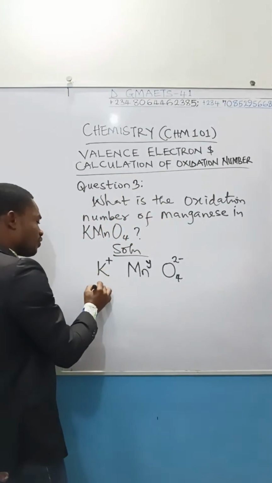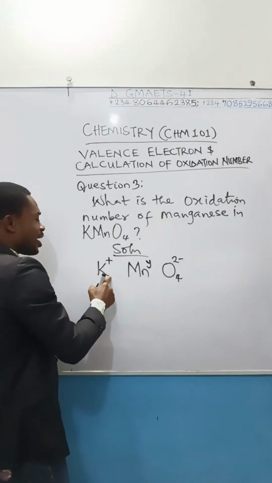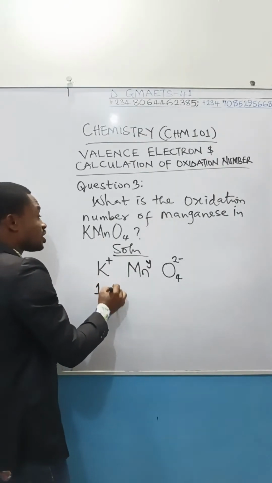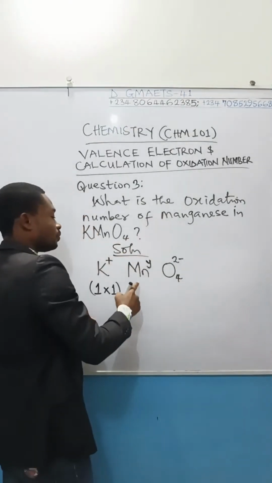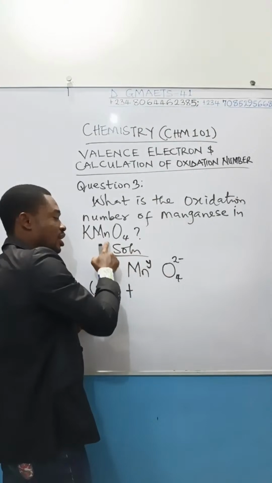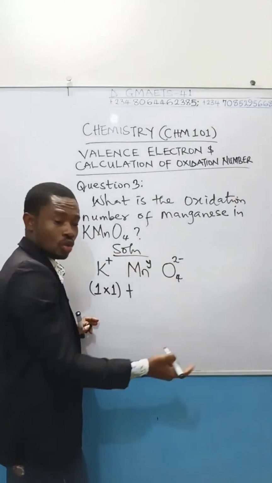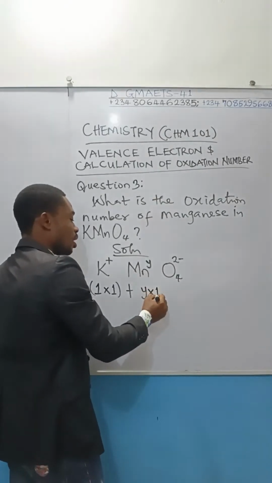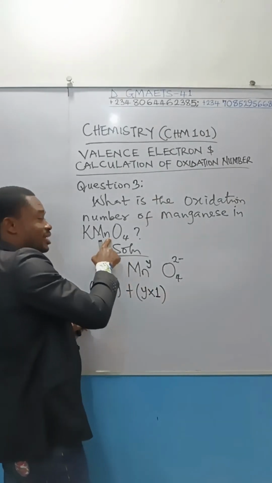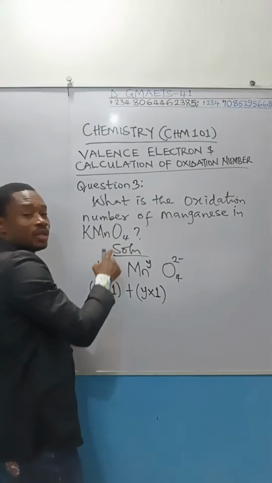Potassium here, the valency, of course, is 1. Multiply it by atomicity of potassium in this KMnO4, which is also 1. Now, add it up to the valency of manganese here, which is the oxidation number we don't know, Y. Multiply by its atomicity in the compound, which is 1, because manganese is 1 atom here.